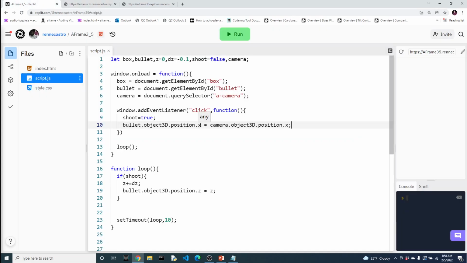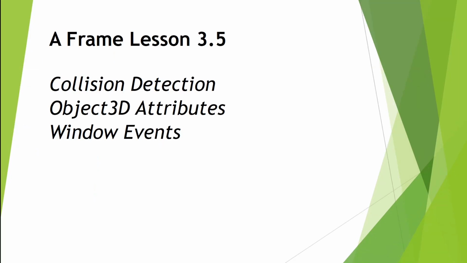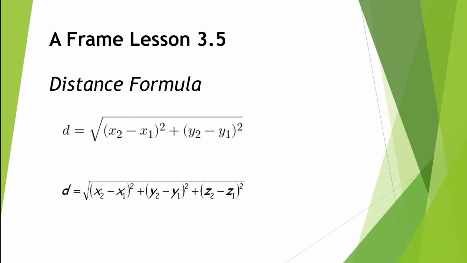Great. So now we're able to explore the last part of this video, which is the idea of collision. We got the bullet moving when we click, but now we have to check to see if the bullet has actually hit the box. In order to do that, we have to explore another concept from math, which is the distance formula.